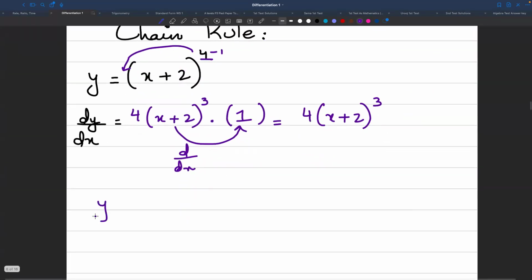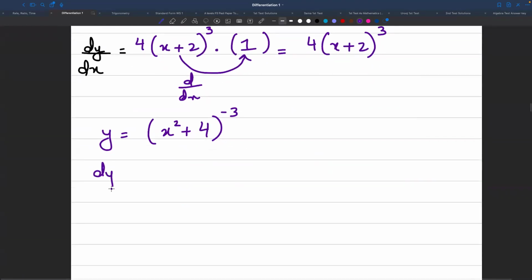Another example. Let's say I change the question around, it is (x² + 4) to the power of -3. If you have to find dy by dx, you will multiply the power over here, so this will become -3.